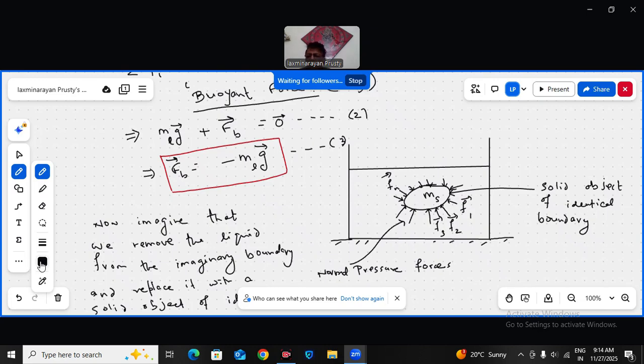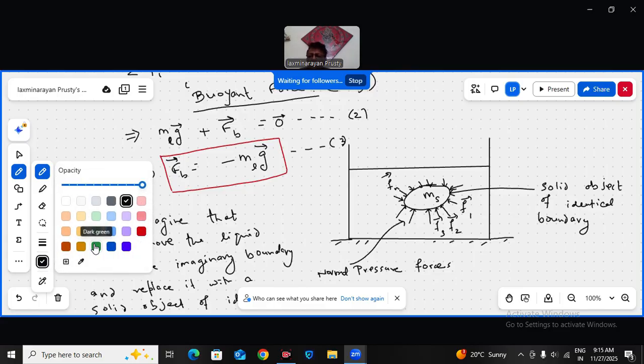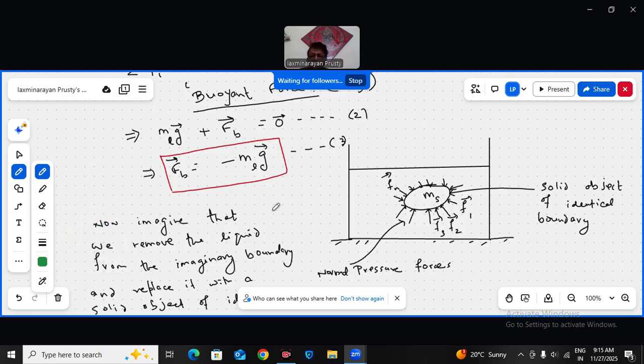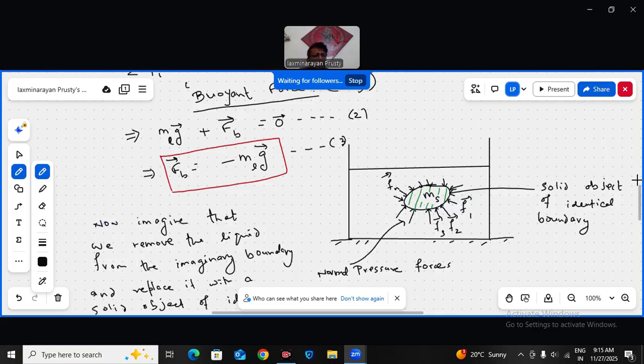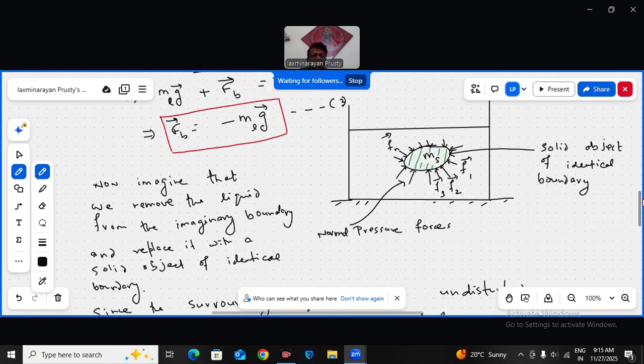That liquid I removed and replaced with a solid body of identical boundary. But that means the outside liquid, the surrounding liquid, has remained unchanged.